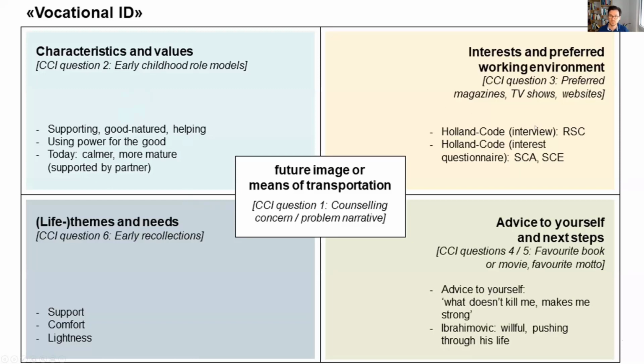Then I switch to the next question about TV shows and websites. And he said that he reads magazines like GQ and Men's Health, that he also visits Facebook, daily newspapers, and sports shows.